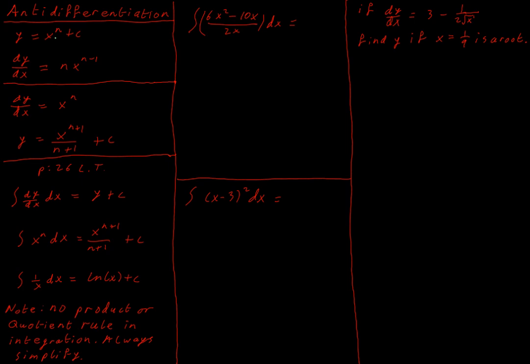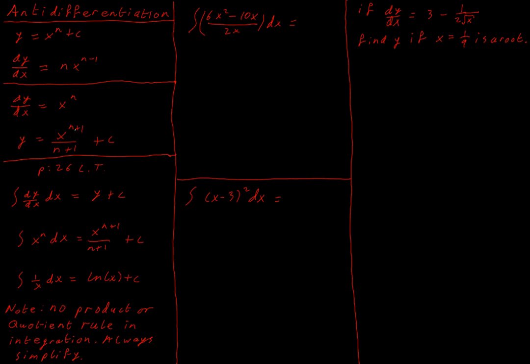Well, coming from y to dy/dx, we multiplied by the original power and then subtracted 1 away from the power. So thinking about that as our starting point, and we want to get back, we'd have to add 1 to this power to get it back to what the power was for y, and then we'd have to divide by that old power to bring us back.